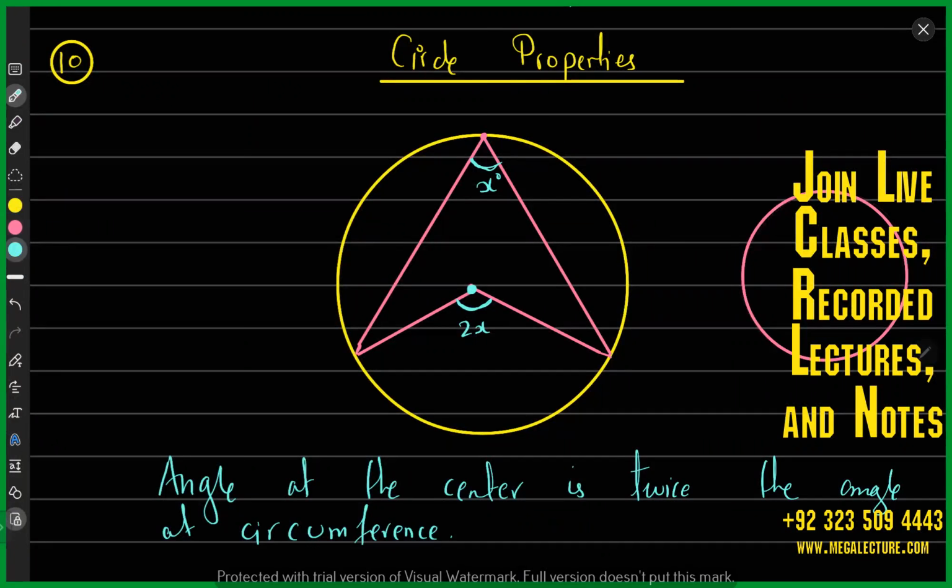Okay, now this could be the question that you have: a circle, and this is your center. This is your first chord. This is your second chord. And you have been told that this is, let's say, 200 degrees, and you have been asked to find this.